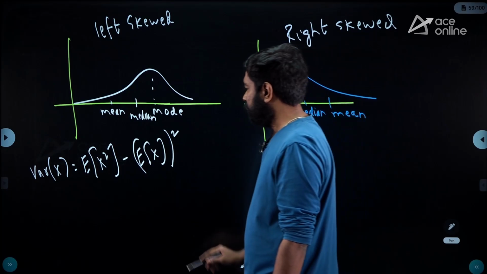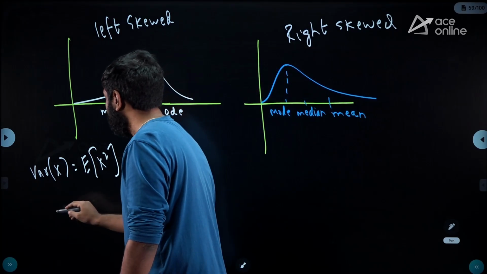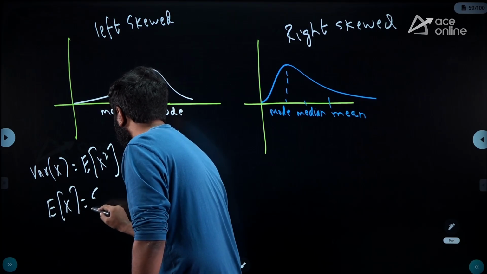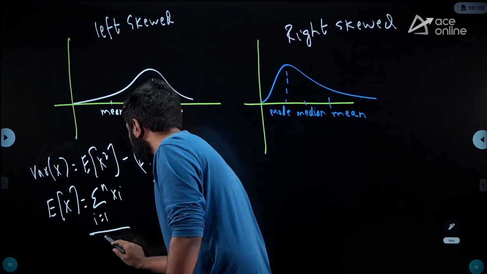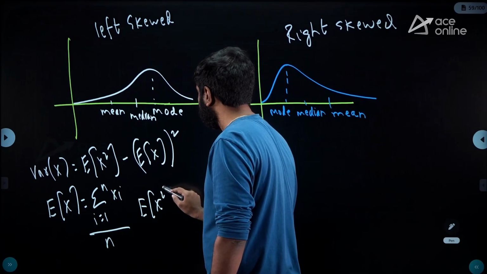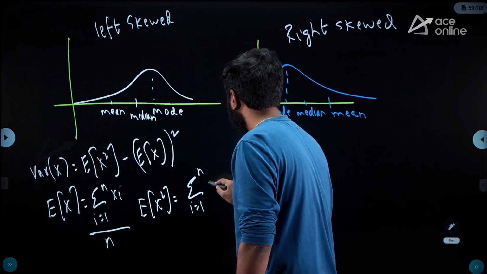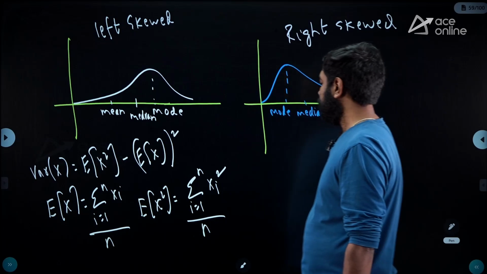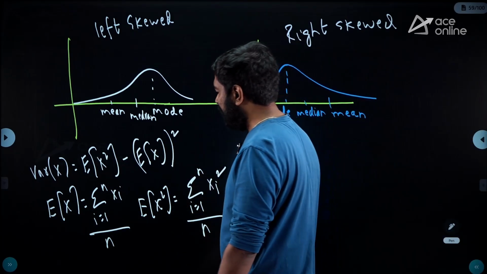You already know how to deal with the discrete random variable and continuous random variable, but when observations are given, this E of x is simply the summation i from 1 to n of xi divided by n. How do you find the expected value of x square? It is the summation i from 1 to n of xi square divided by n. This is how you deal when observations are given. So you substitute them, you get the answer.